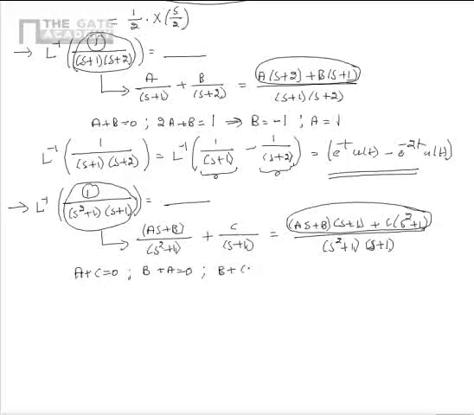Also, B plus C is equal to 1. Upon simplification, that is by solving the three equations that we obtained, A is equal to minus 1 by 5, B is equal to 2 by 5, and C is equal to 1 by 5.